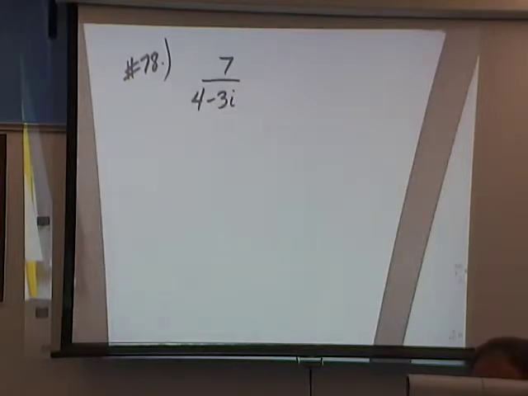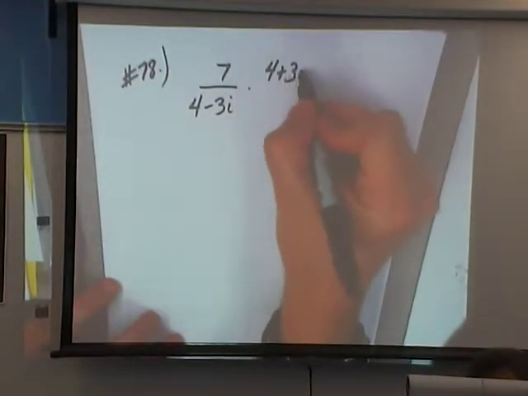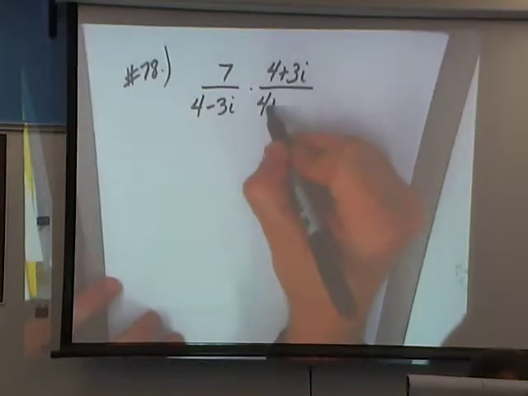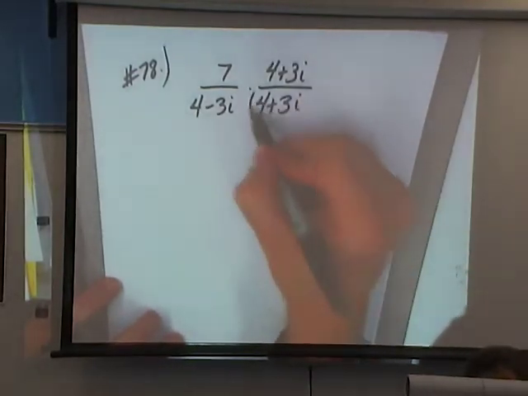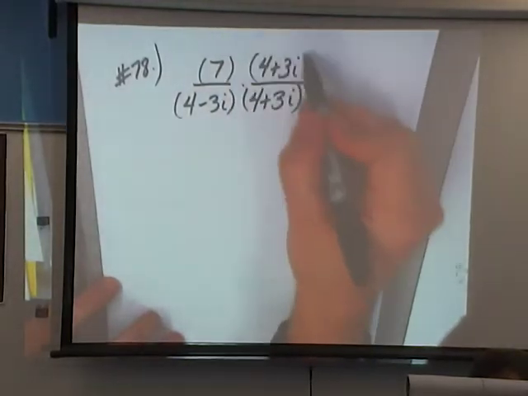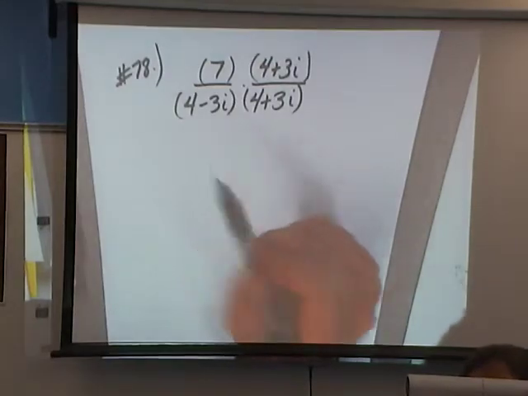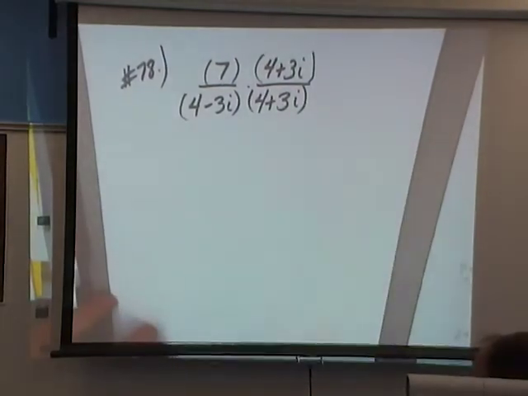So we've got to rationalize the denominator. What do I got to multiply this by, top and bottom? 4 plus 3i, right? Top and bottom. Anybody remember what we call these pairs? Conjugate pairs, very good.